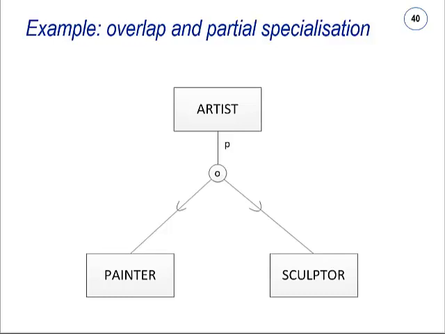The specialization is also overlapping, O. This means that an artist can at the same time be a painter and a sculptor. Think about Leonardo da Vinci, for example. He was a painter and a sculptor at the same time. In other words, this is an example of a specialization with overlap.